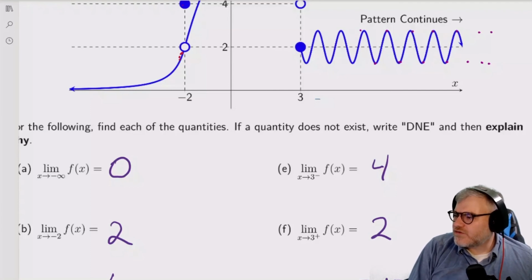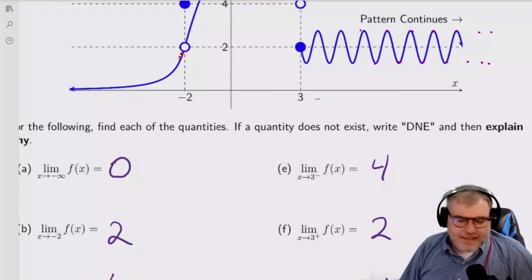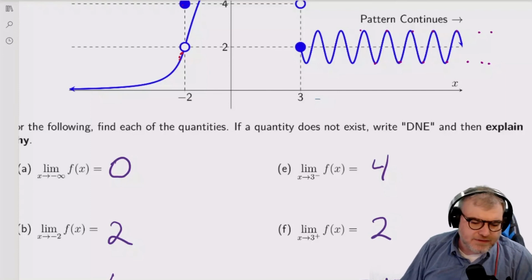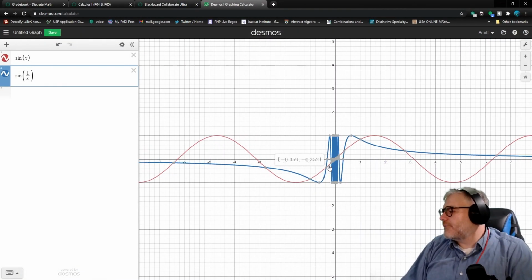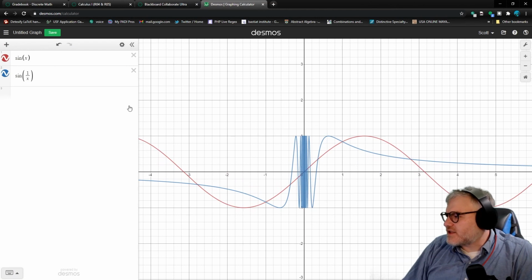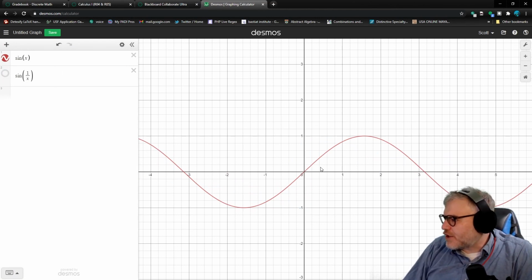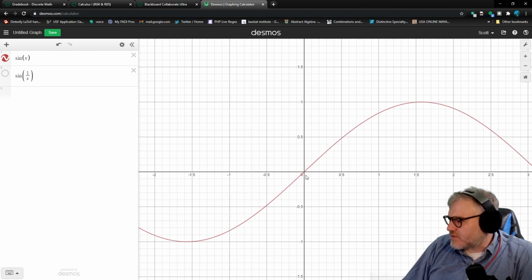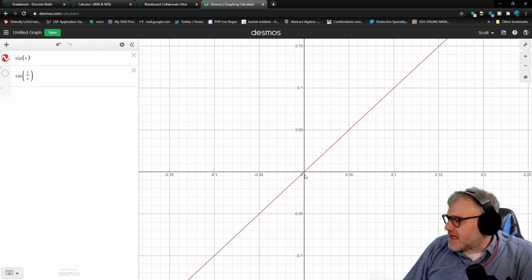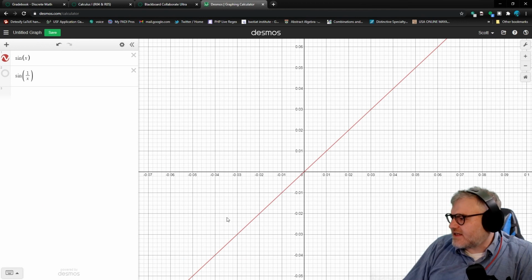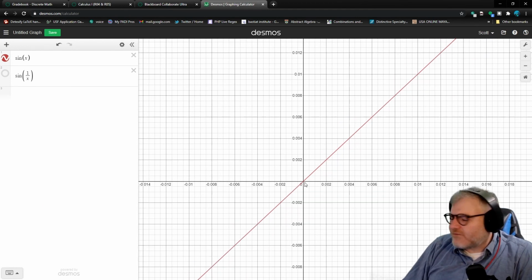So here are two functions, sine of 1 over x and sine of x. Sine of x is in red, and sine of 1 over x is in blue. As I head toward 0, notice how sine of x settles. In fact, if you zoom in far enough, it looks like a line.